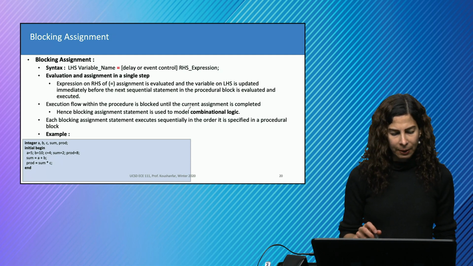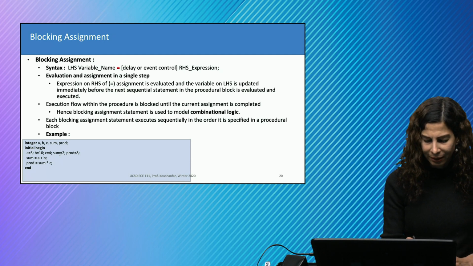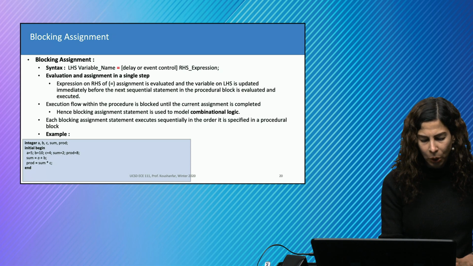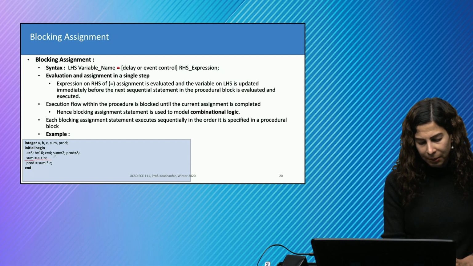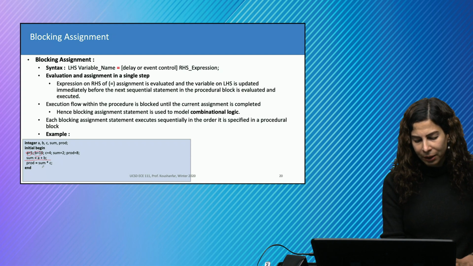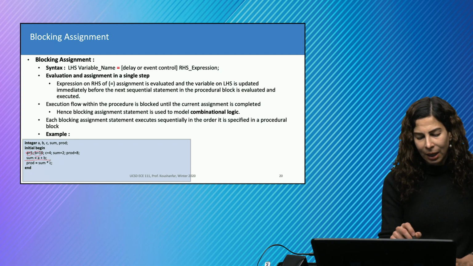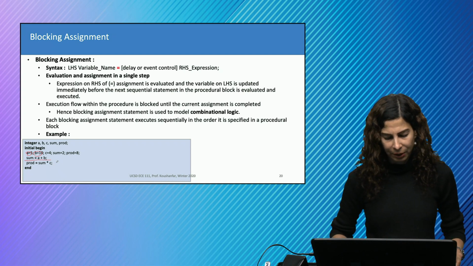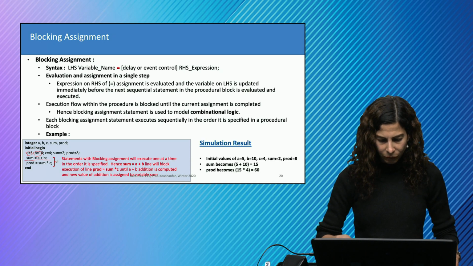Here, if you had initialized the sum to 2, once we get here, sum is a plus b, so it updates the sum to 15, because that's the value of a plus b. Then the product is sum times c, so the product gets updated to 4 times 15, which is 60.